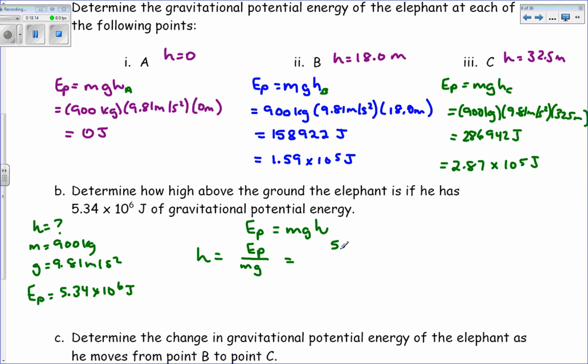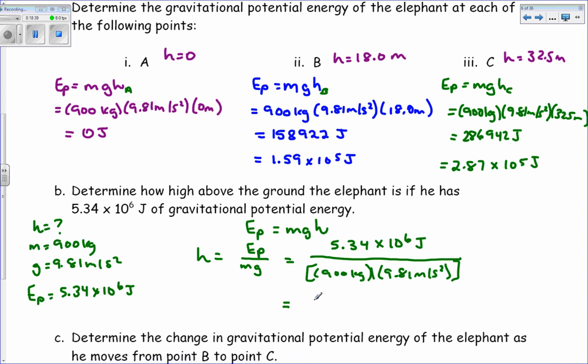So 5.34 times 10 to the 6 joules divided by, big bracket here, 900 kilograms times 9.81 meters per second squared, big bracket. So you want to multiply those two together before dividing. And you get a height of 605 meters. So we're way off the cliff there. We're hanging in midair.